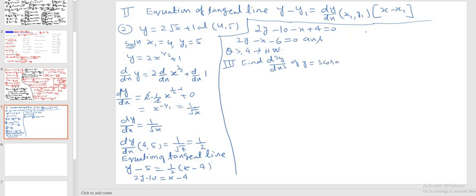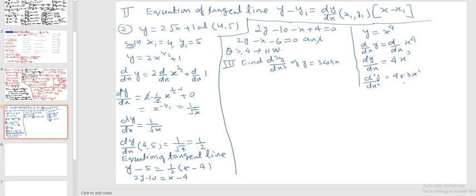Before going on, I want to tell you: if y is equal to x to the power 4 is given, and you differentiate with respect to x, you will get dy/dx is equal to 4x to the power 3. This is called the first derivative. If you differentiate again with respect to x, that is d2y/dx2, so 4 multiplied by 3 x squared, which is 12 x squared.